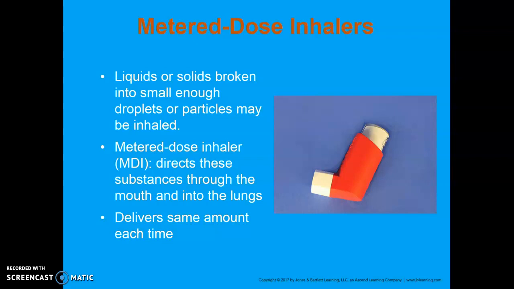Otherwise, they're just going to bring it into their mouth and it's not going to absorb the way that it wants to. A metered dose inhaler actually delivers the same amount of medication each time that it's used. These are often for respiratory illnesses, asthma, emphysema, albuterol kind of being the more common one that we think about. And every time you depress that little canister, it's going to squirt out the same amount of medication.